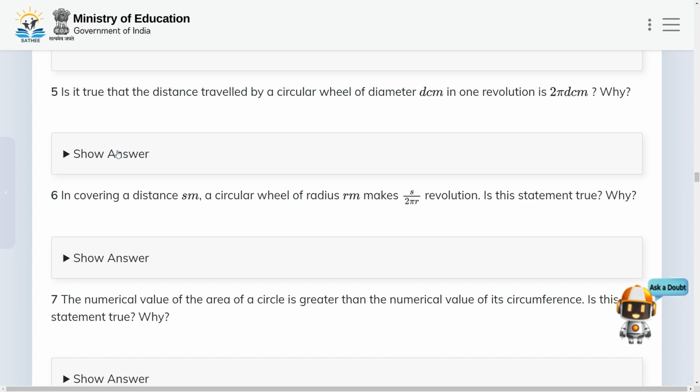In the next one here we have, is it true that the distance traveled by a circular wheel of diameter d centimeter in one revolution is 2 pi d centimeter? And why?